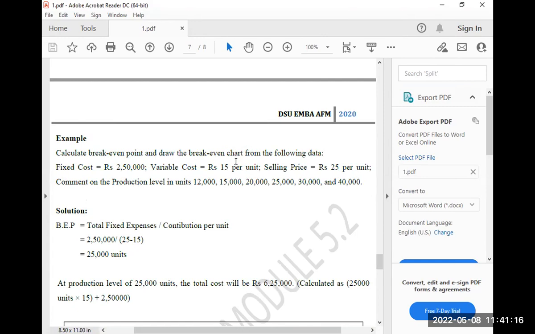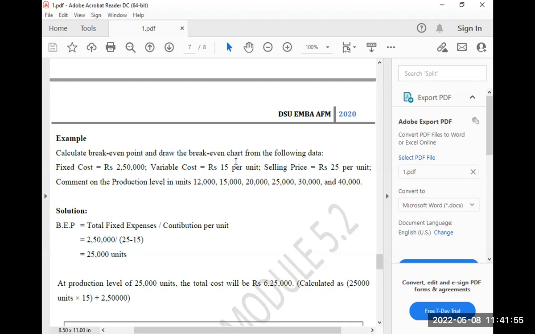1, 2, 3, 4, 5, 6, 7 columns. One is for the particulars column. The rest are for the level of production. First column is particulars. Second column is level of production. That second column you can subdivide into 6 columns. Under level of production, write all these sub columns: 12,000 units, 15,000 units, 20,000 units, 25,000 units, 30,000 units, and 40,000 units.